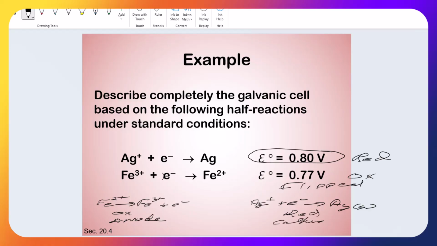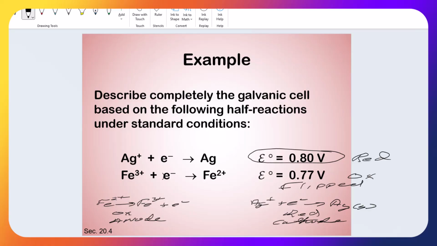Now, typically when we draw our cells, we'll put the anode on the left, cathode on the right, but that's merely convention. It is not hard and fast. You can actually have cathode on the right and anode on the left.